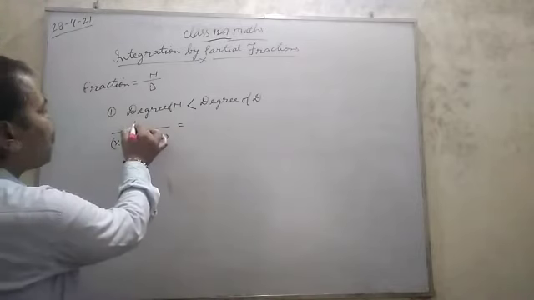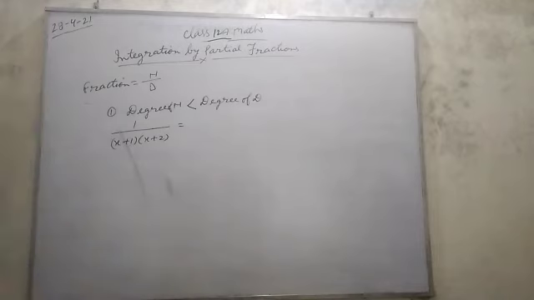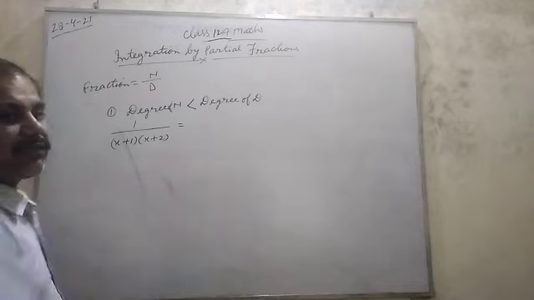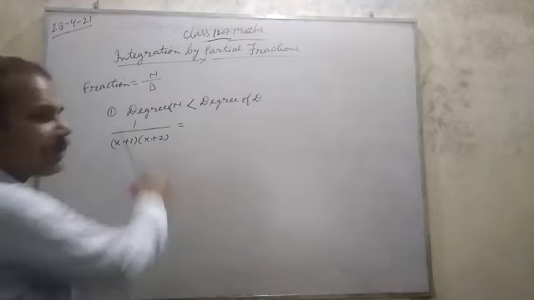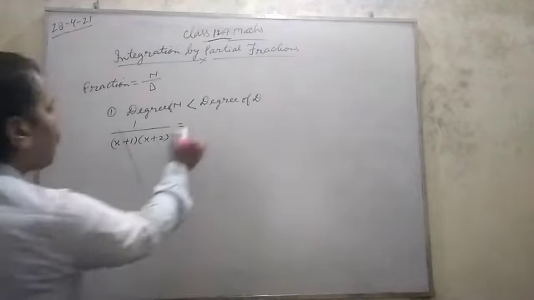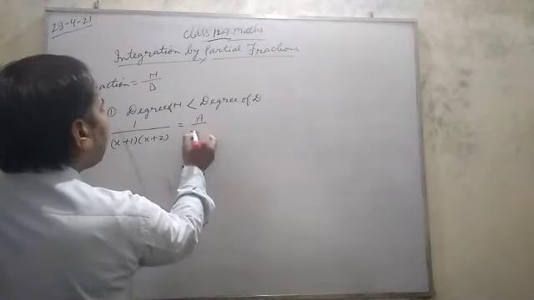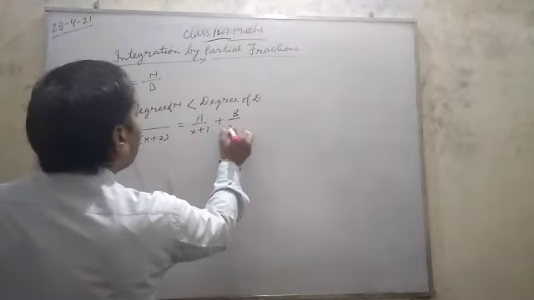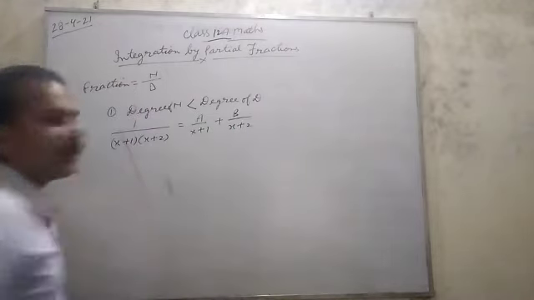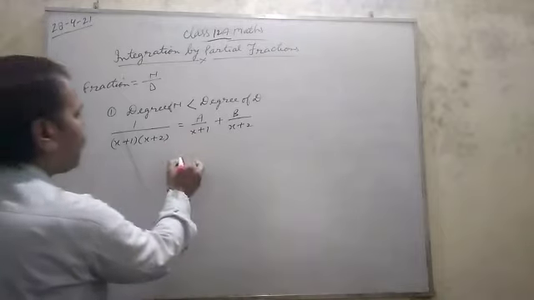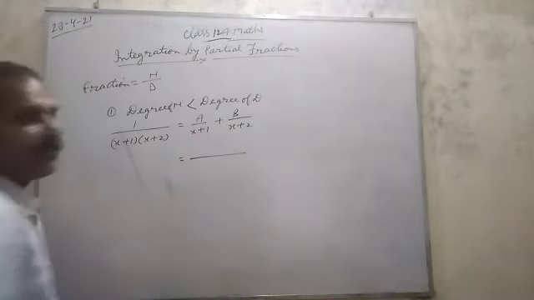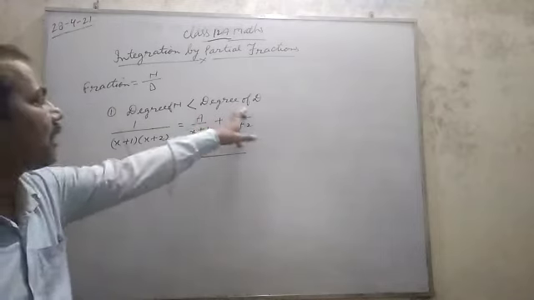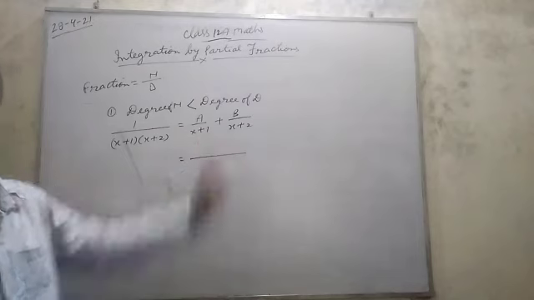Here the numerator is 1, so its degree is 0, and the denominator is x times x, so its degree is 2. So degree 0 is less than degree 2. So we will write this in the form of a upon x plus 1 plus b upon x plus 2. Clear? After that we take the LCM and find the a and b values. And after finding the a and b values, put them here, then integrate separately.